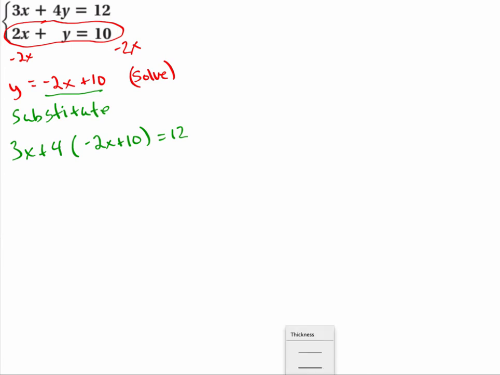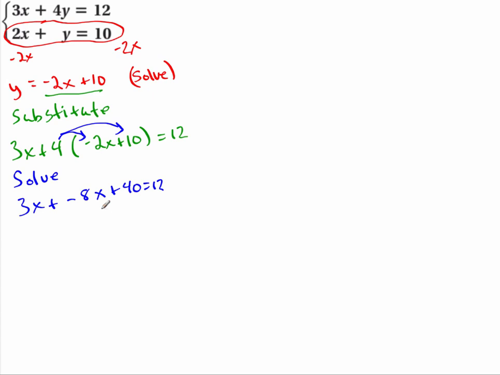Now, the next step is to solve this. So I'm going to solve this for x. So let's see, 3x plus, I'm going to distribute this 4 to both terms. So this is minus 8x plus 40 equals 12.